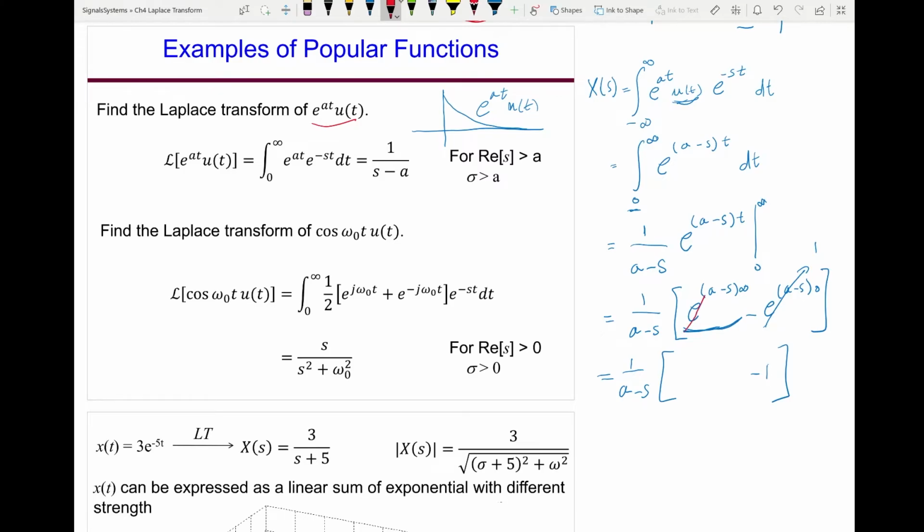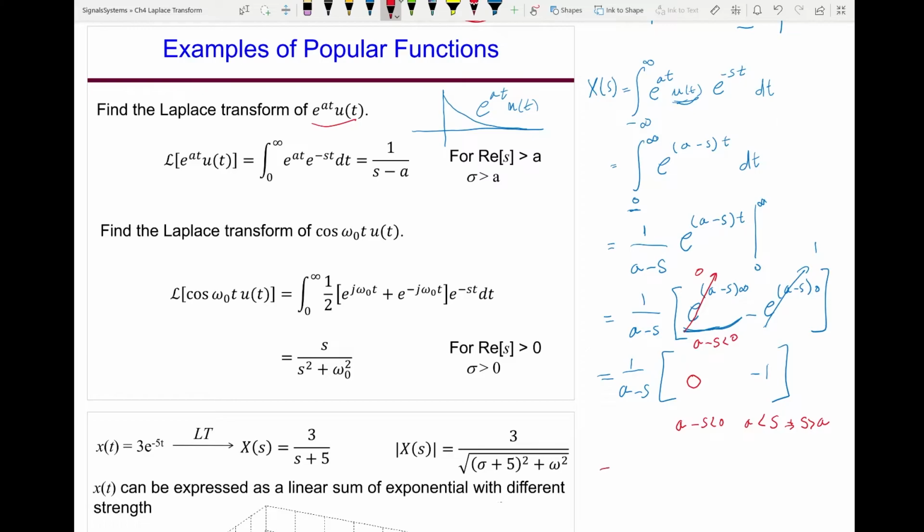For this to go to 0, a minus s has to be less than 0. So a minus s has to be less than 0 for that exponential to be 0. So then the condition is a minus s less than 0, or s larger than a.